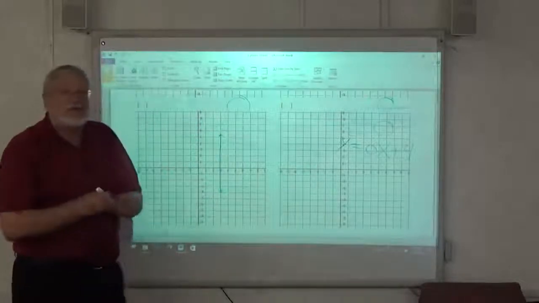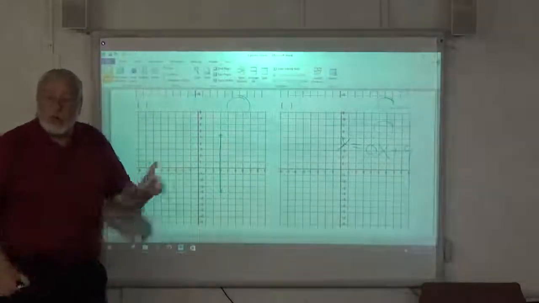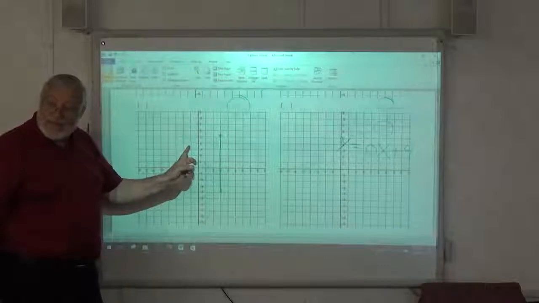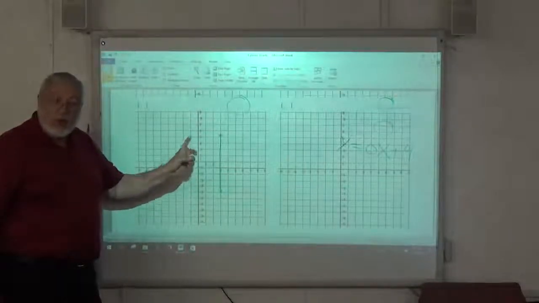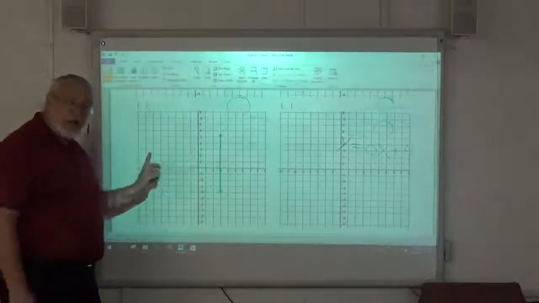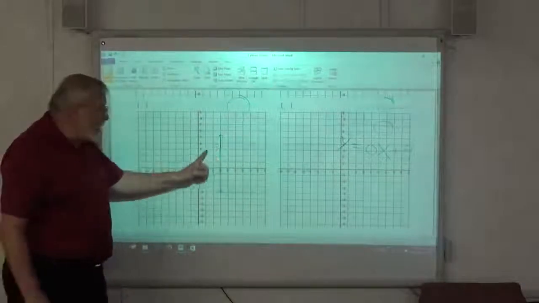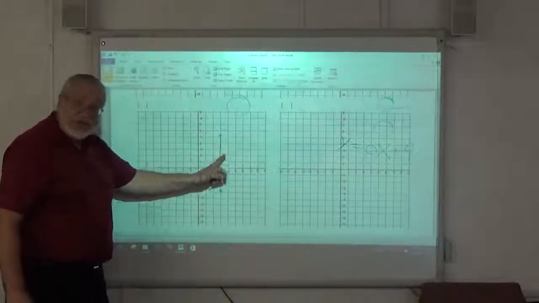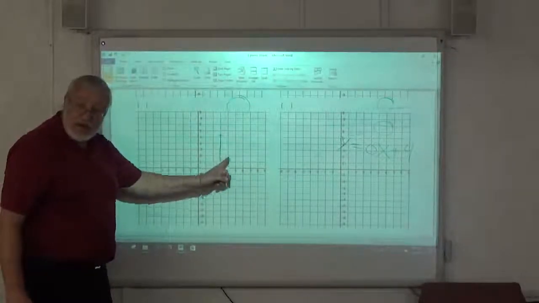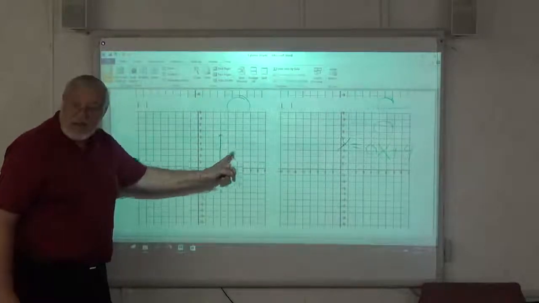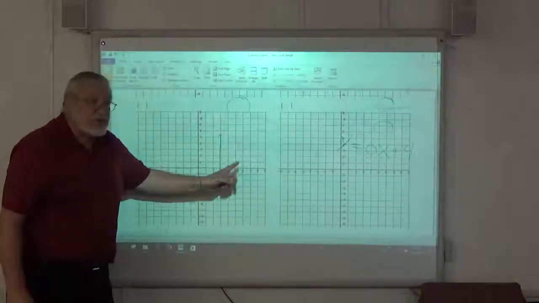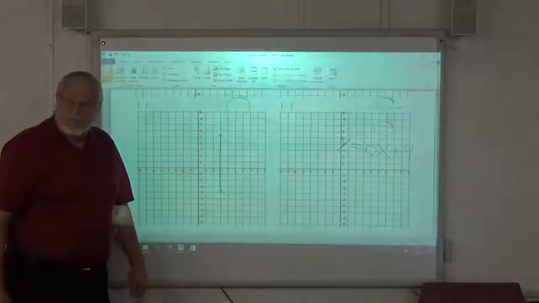Okay? Now, to do slope, you have to trace the slope with your hand from left to right. Watch what happens if I try to trace this going left to right. I can't stay on the line, which means there's no slope to this line.